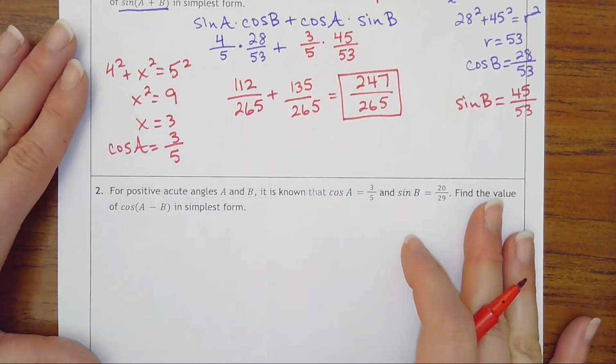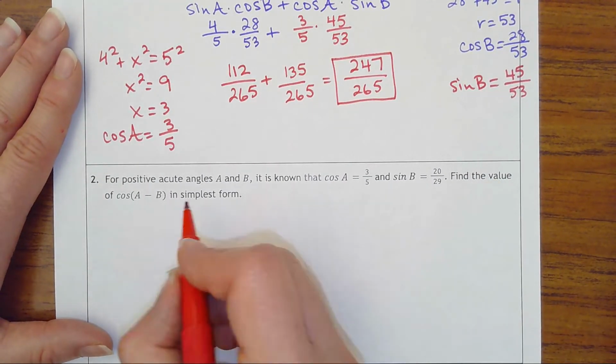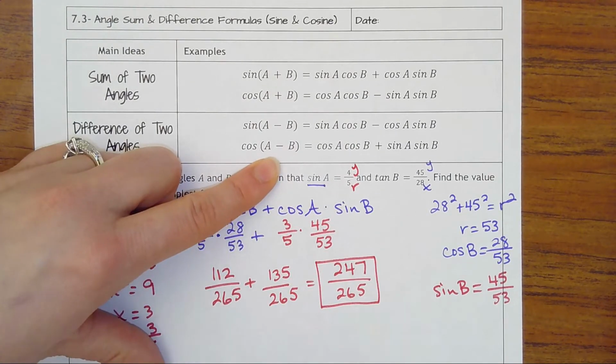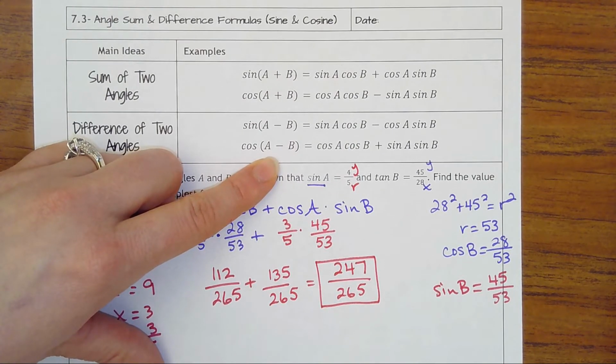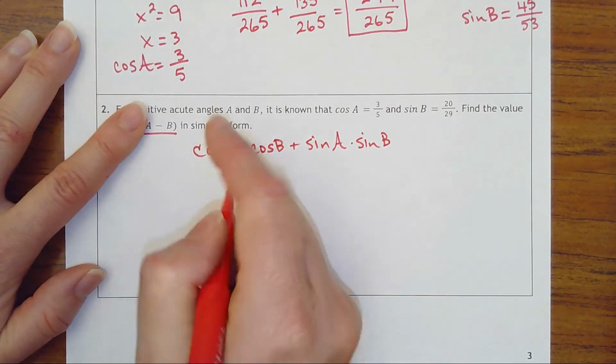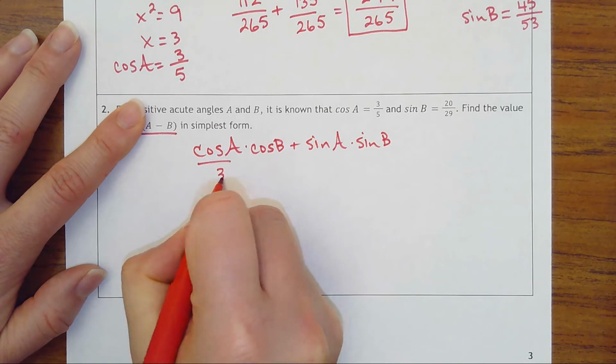Okay, number 2. We're trying to find the value of cosine of A minus B. So that will be this formula right here. I'm going to write it down. Okay, so we need cosine of A. That is the ratio of 3/5.